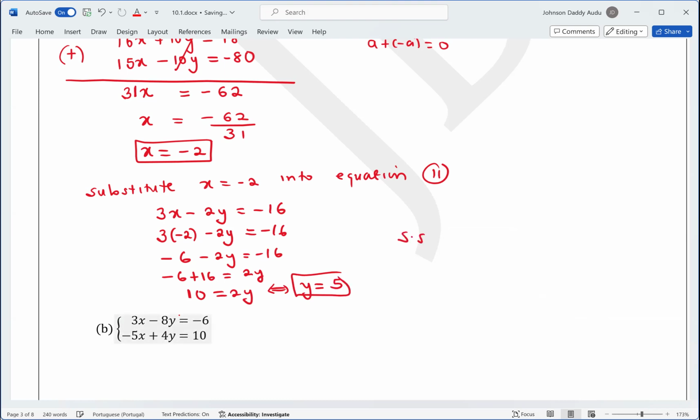So our solution will be just minus 2 and 5.